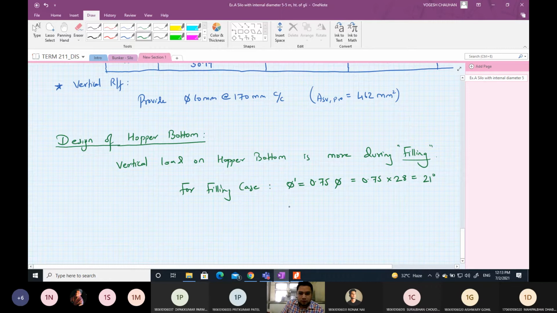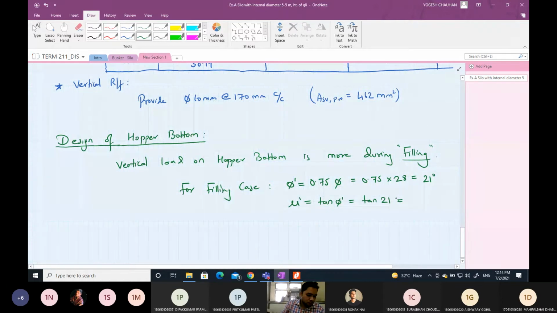So you can find mu dash equals tan phi dash, which will be tan 21, that is 0.384.